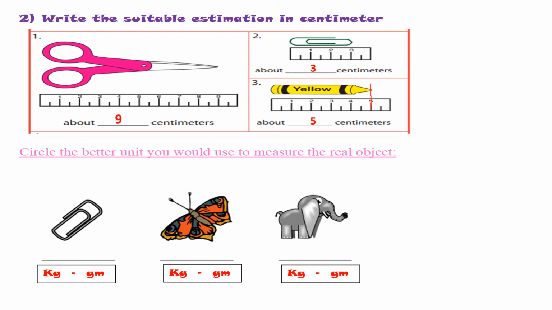Kilogram for big things and gram for small things. So which is the best unit to measure the weight? I think it's gram. This butterfly is very small, so gram. And this elephant is very big, so we have to measure its weight by kilogram.